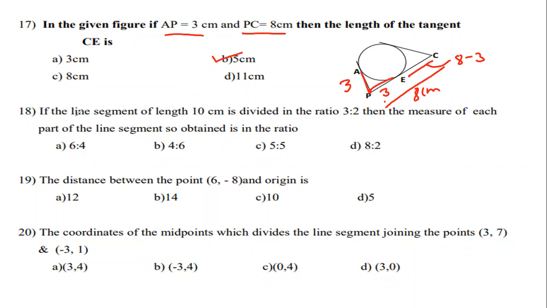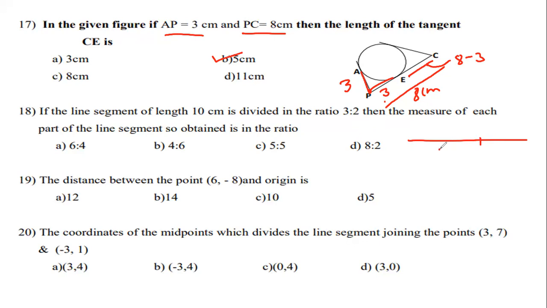Next, 18th sum. If the line segment of length 10 centimeter is divided in the ratio 3:2, then the measure of each part of the line segment so obtained is dash. So here 3:2, the given line segment is 10 centimeter, divided in the ratio 3:2.